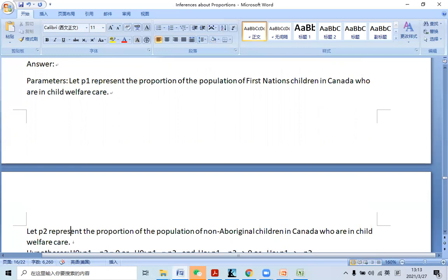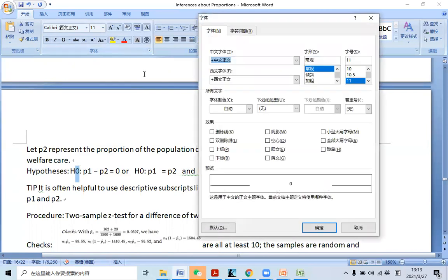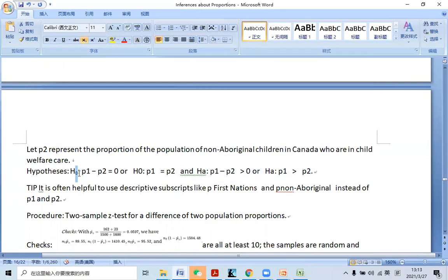And then the second proportion are the non-Aboriginal kids, non-First Nation kids who are also in child welfare. And when you're doing a hypothesis testing, you have a research hypothesis, we also call alternative hypothesis, and the null hypothesis. The null hypothesis is a no difference prediction.